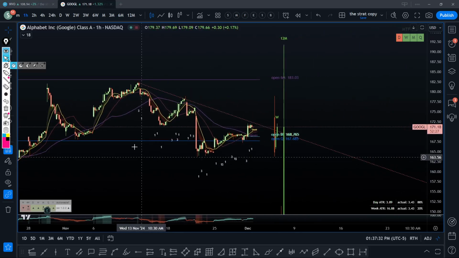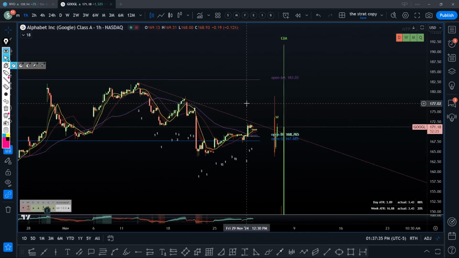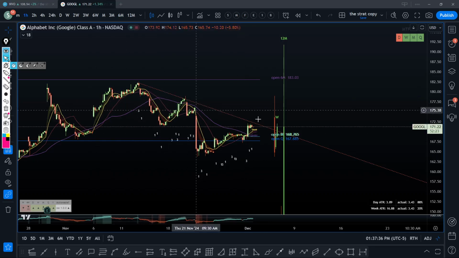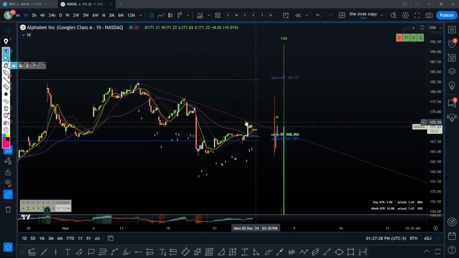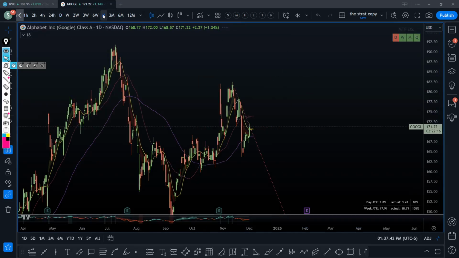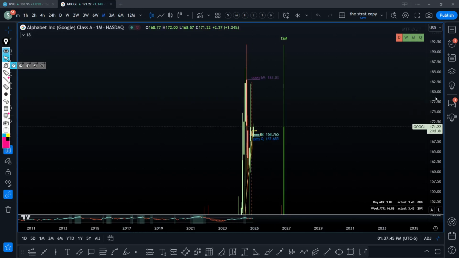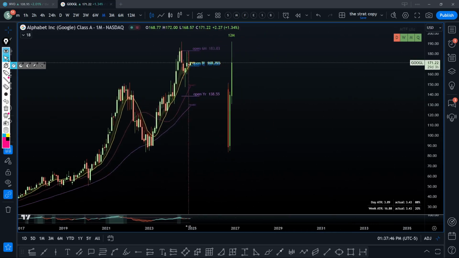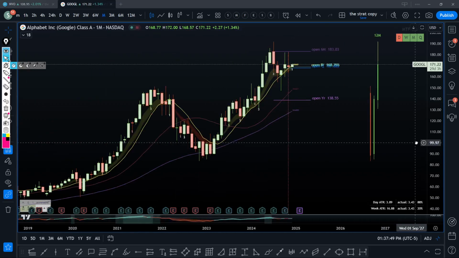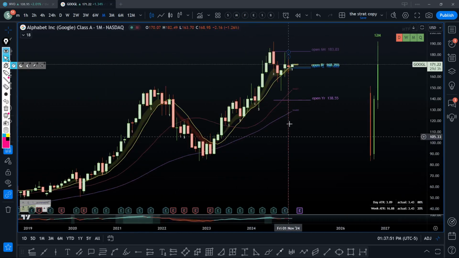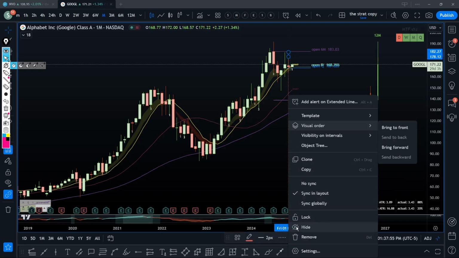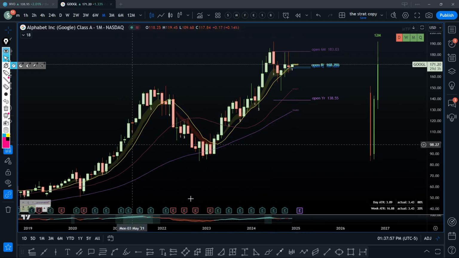We're looking for a short-term move on Google because on the hour, I would be liking for it to break above that. But other than that, if we go to the higher time frames, oh, see, now it looks kind of weird because I did that. Let me just fix it right there.